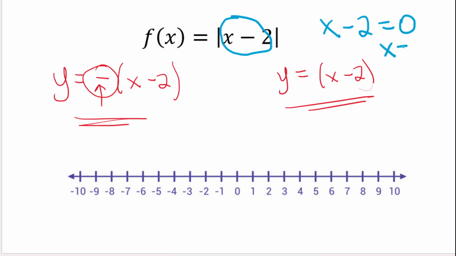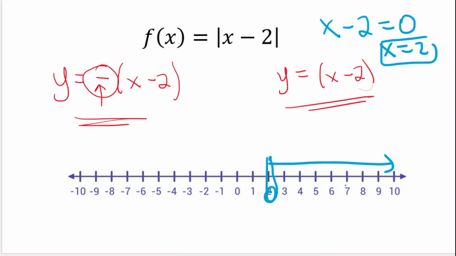So at x equals 2, when I sub x equals 2 in here, I get 0. So we know that x equals 2 is where the function rule separates. Any numbers above that, like 4, 7, 132, if I subbed 4 into this function, 4 minus 2 is 2, and the absolute value of 2 is just 2. I can just take exactly what I calculate.